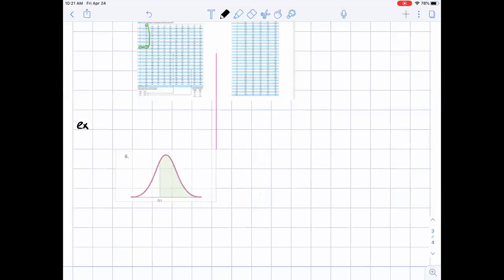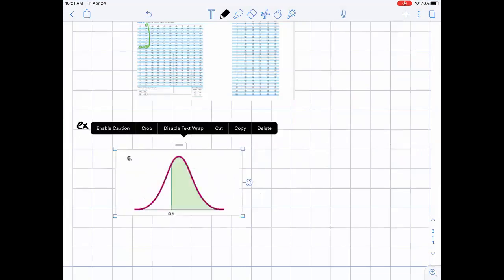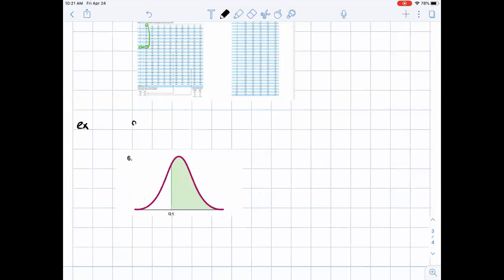So right now, same scenario, right? We're given that mu is equal to 100 and sigma is equal to 15.